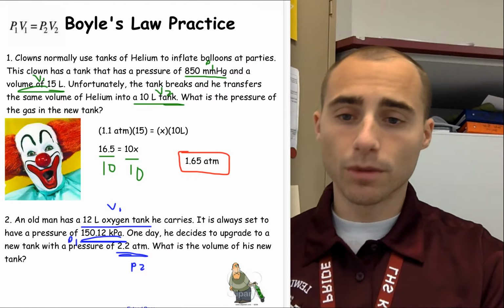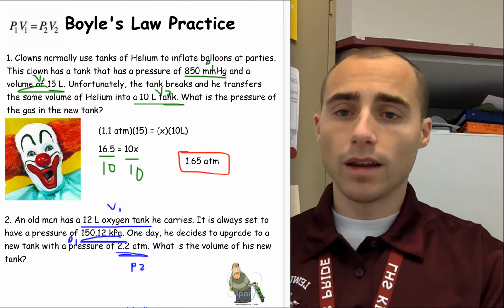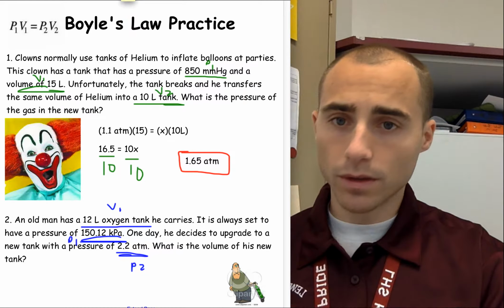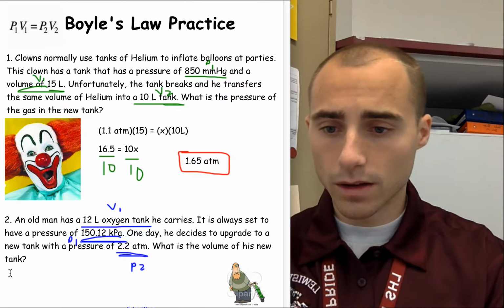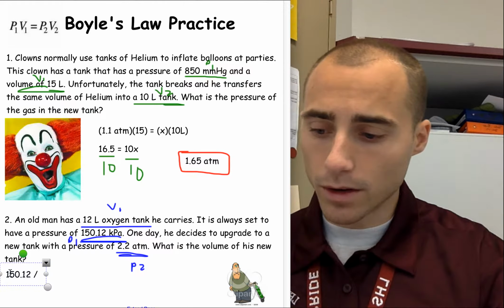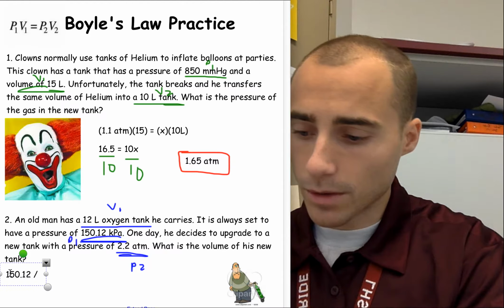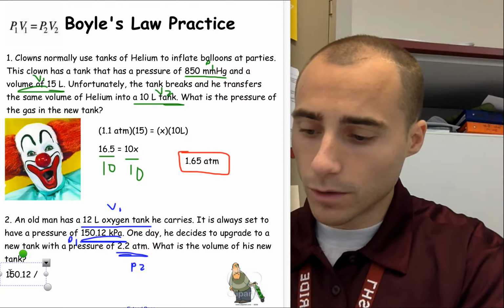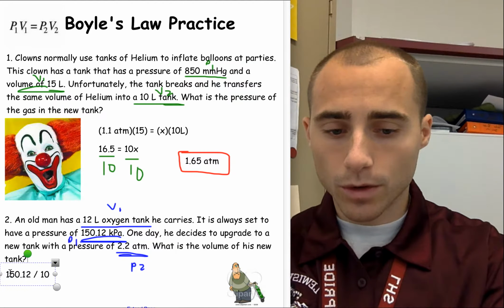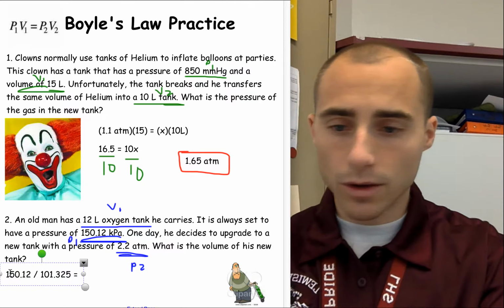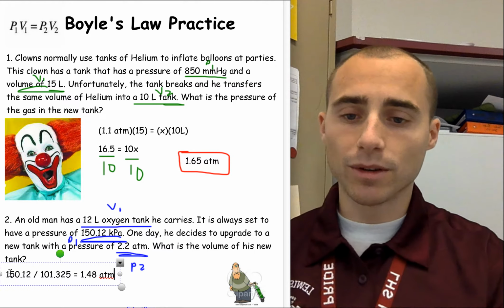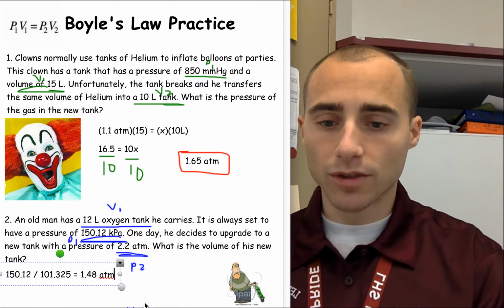So all you do here to get that answer is 150 kilopascals divided by 101.325, because that is our ratio, and you end up with 1.48 atmospheres as our pressure 1.